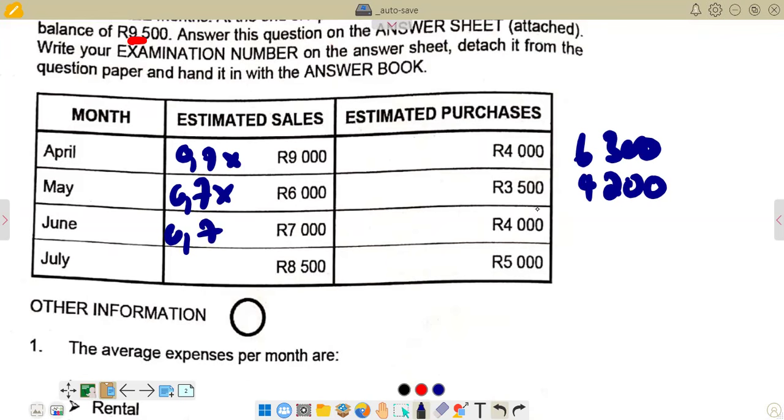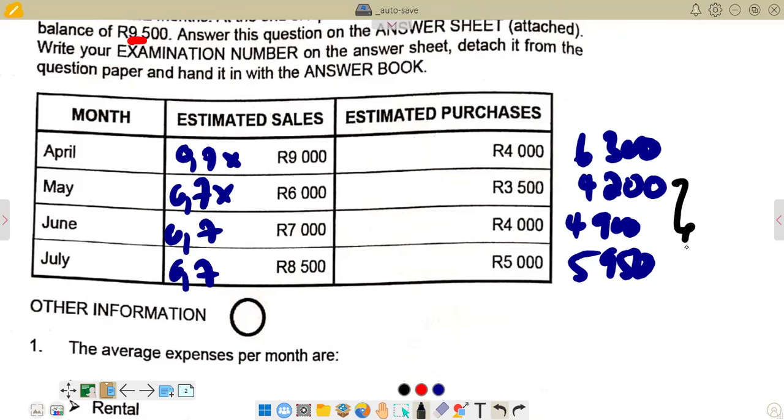You are going to get 4,900. And then here we multiply again by 0.7 times 8,500. You are going to get 5,950. So this is what we have. But if we check according to our question, we are only concerned with the months that are May to July. So we are concerned with this range, and we are just going to pick as it is.